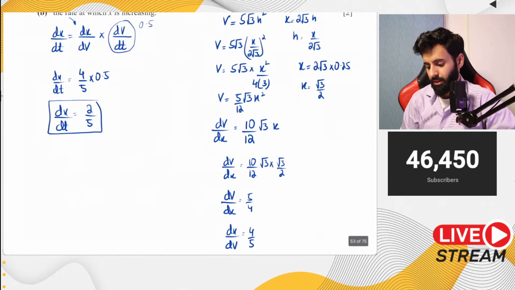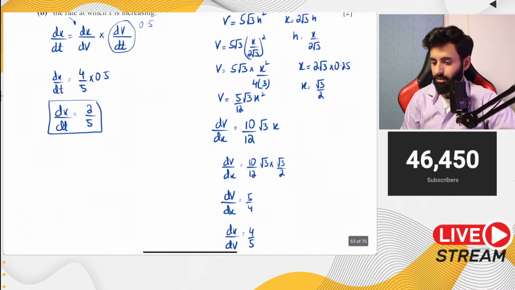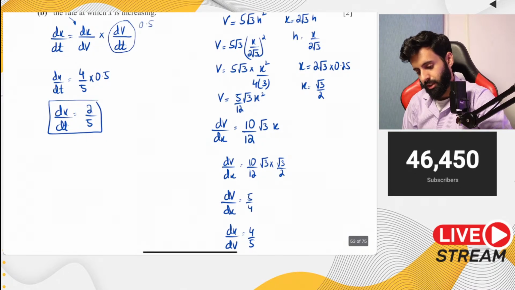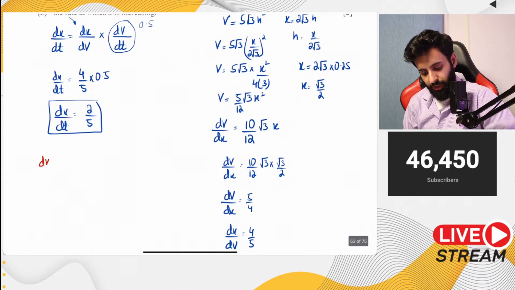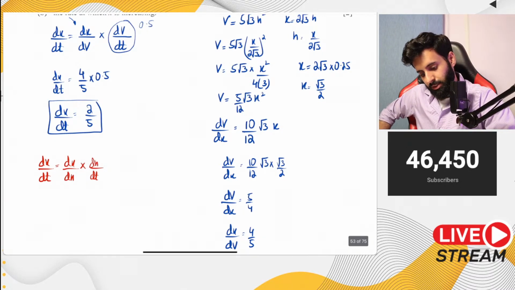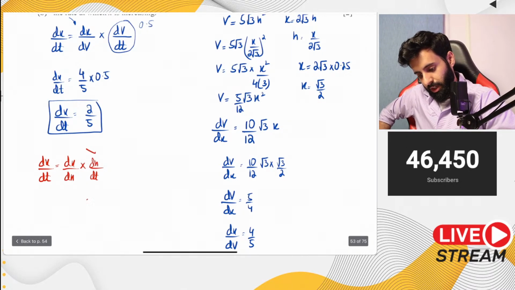But never mind. Now we know that there's another way to solve this. If you want, I'll use dh as well to show you guys how it works. So we want to find out dx upon dt. So here dx will come, here dt will come. Now here we can take dh. Yes, that's much easier. So dh upon dt is something we already have, we just worked it out.